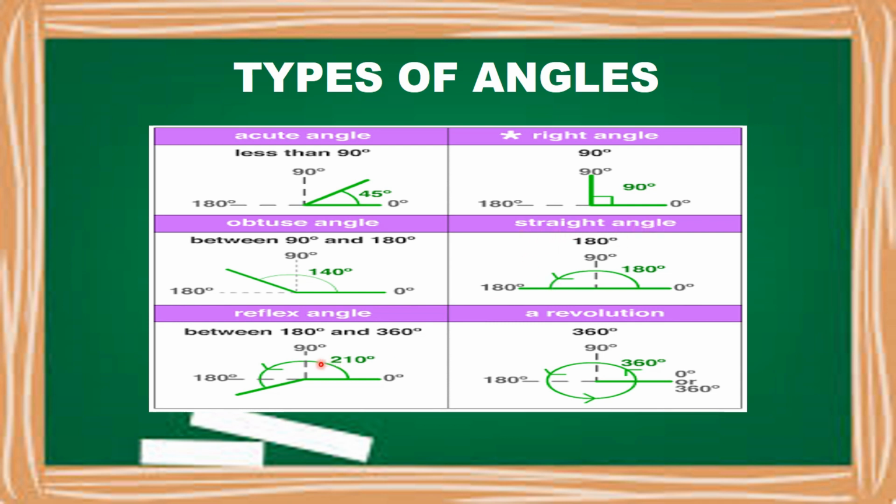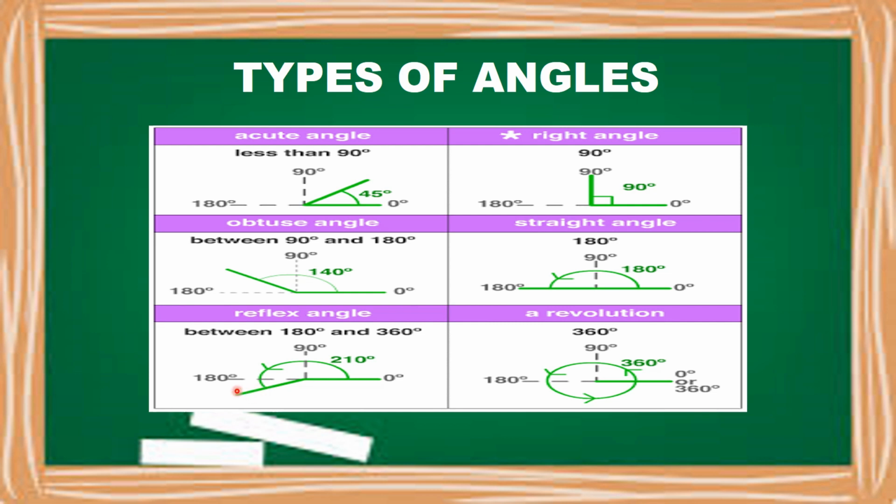Then, if the angle is between 180 degrees and 360 degrees, for example 210 degrees, it's what we call a reflex angle. Another example is 190 degrees.